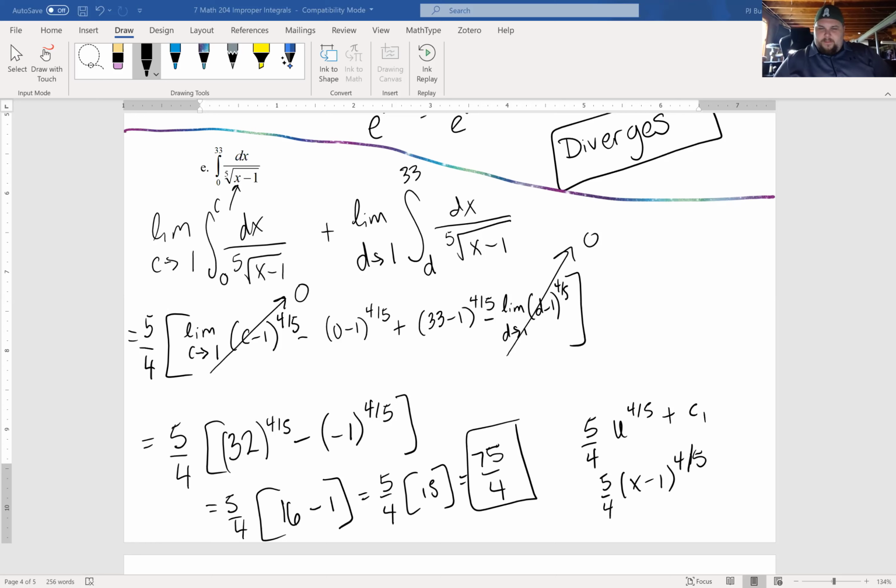I don't know why Mathematica can't handle -1 to the 4/5. It doesn't like it. But it's 75/4. And you can also do this on your FNINT function on your calculator to check and make sure that works out.